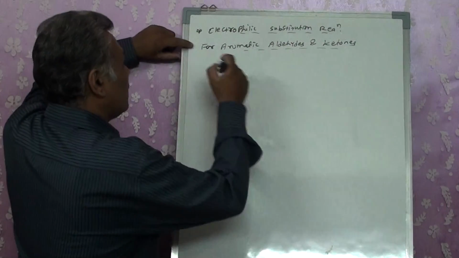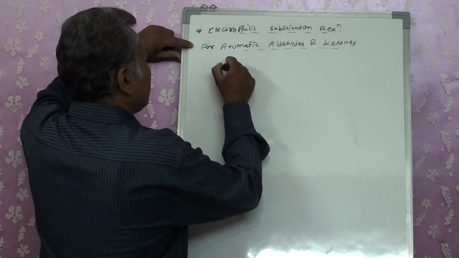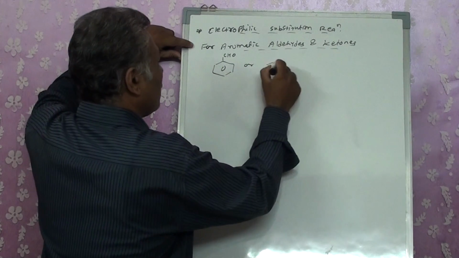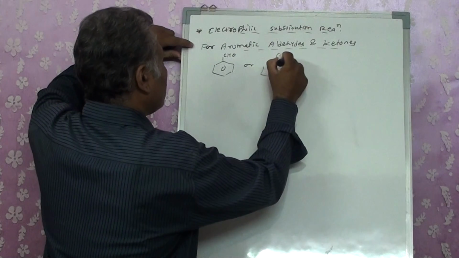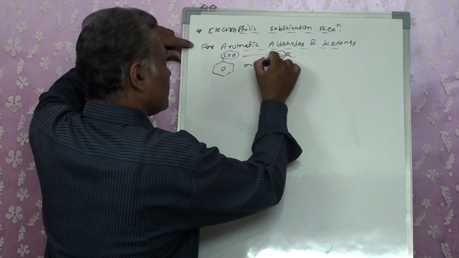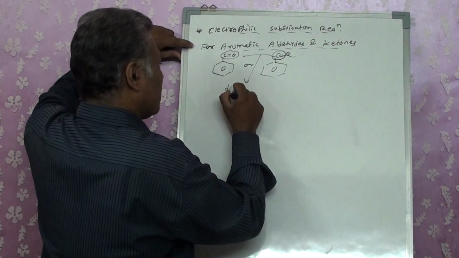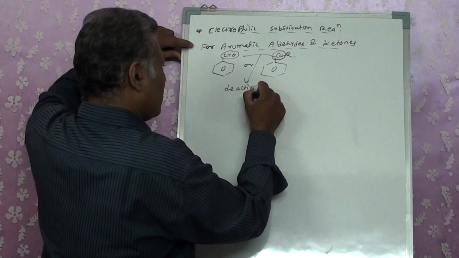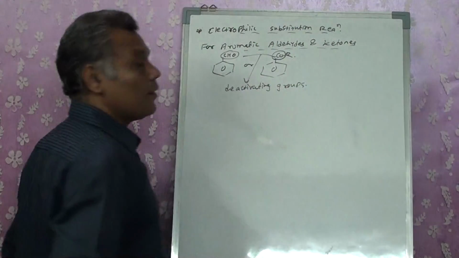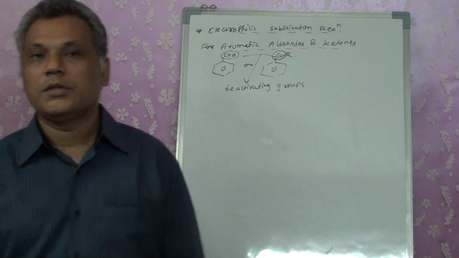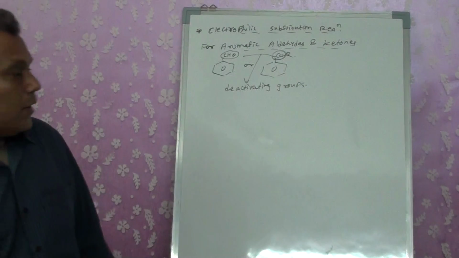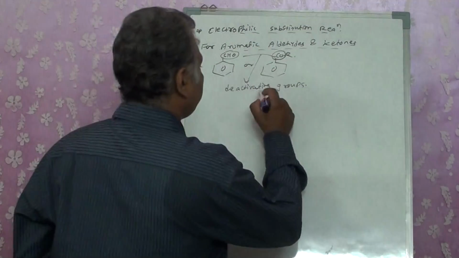What is going to happen? On the benzene ring, CHO or CO, both these groups are deactivating groups. Deactivating means electron withdrawing groups.